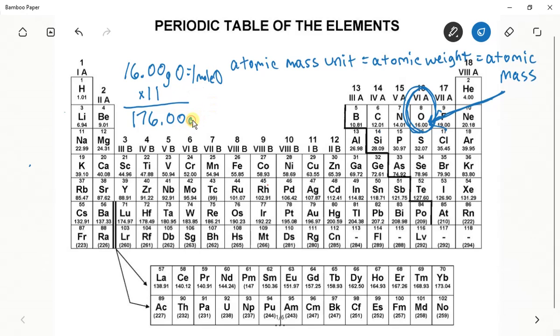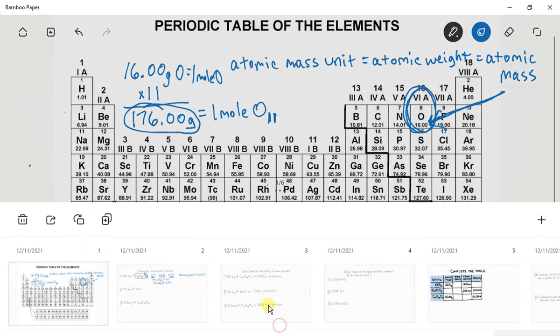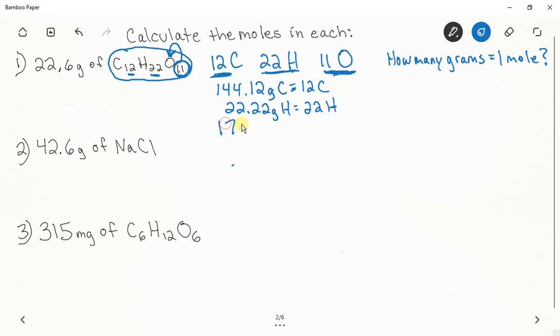So that means 176 grams equals 1 mole of O sub 11, or of 11 moles of oxygen. Now let's take this 176 grams back to our worksheet, and we'll put down here 176.00 grams of oxygen equals 11 moles of oxygen.